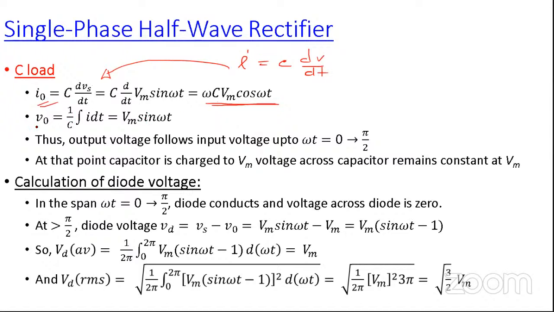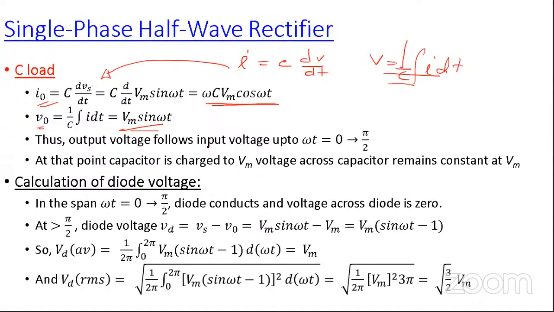And what is the expression of output voltage? V0 is equal to, all of you know, V is equal to 1 by C integral of I dt. So this is the standard equation used for finding the output voltage, that is 1 by C integral of I dt. And this is basically equal to Vm sin omega t, since the entire sinusoidal voltage is applied to the capacitance.